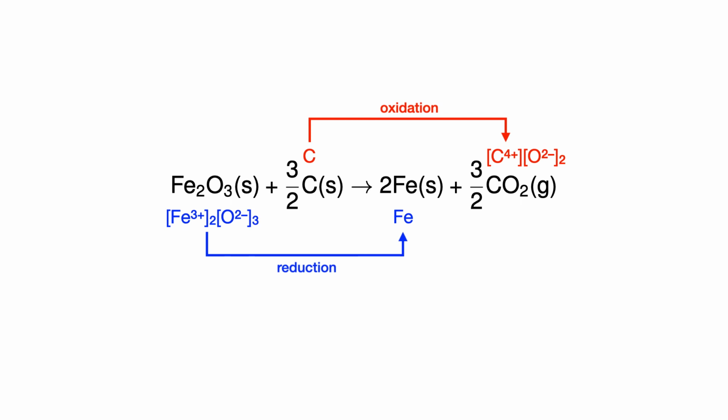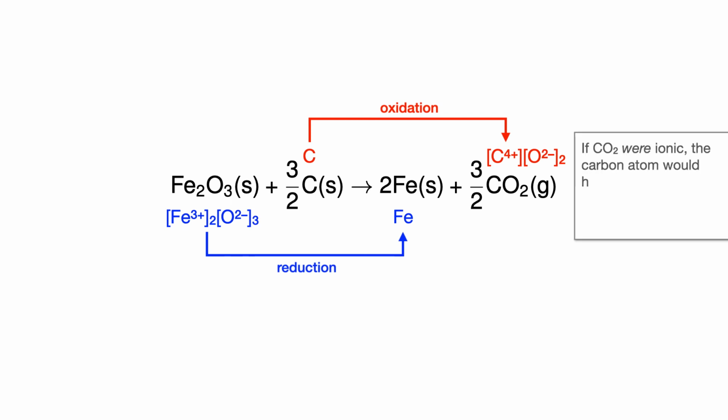And so if we look at this hypothetical ionic version of carbon dioxide, then we can see how electrons are being lost from the carbon to form this hypothetical carbon 4+. So again, if carbon dioxide were ionic, the carbon atom would have a 4+ charge, and this 4+ is called the oxidation number of carbon, and it's represented as +4.